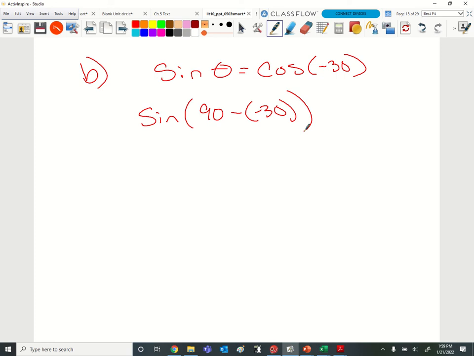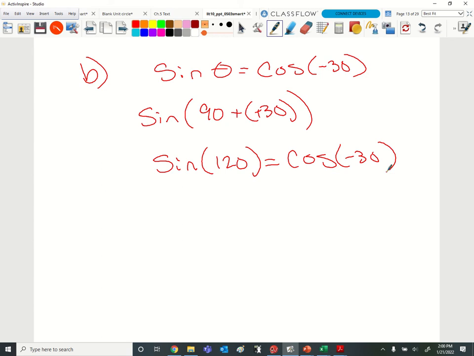That's important. Negative 30. Put the negative with it. Because when I have a minus a negative, that means I have two negatives together. So a negative and a negative gives me a plus. That changes that to a plus now, because I have a minus and a negative. So that's going to be sine of 120 is equal to the cosine of negative 30.